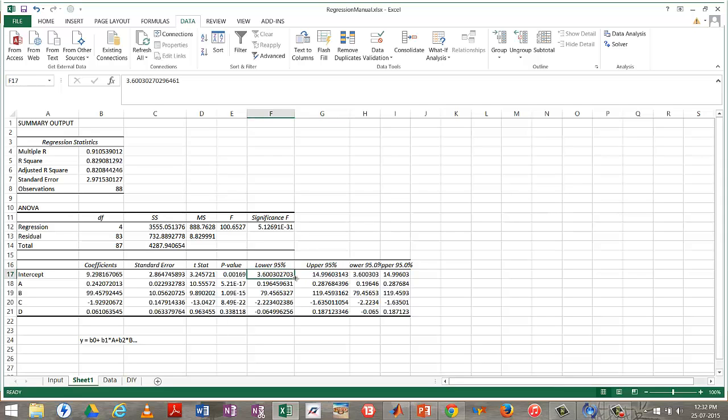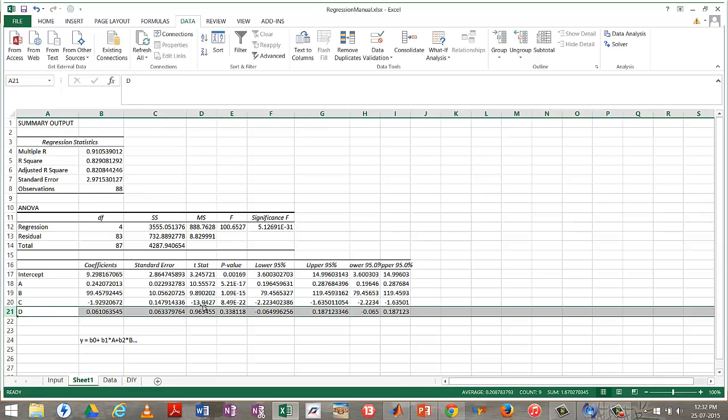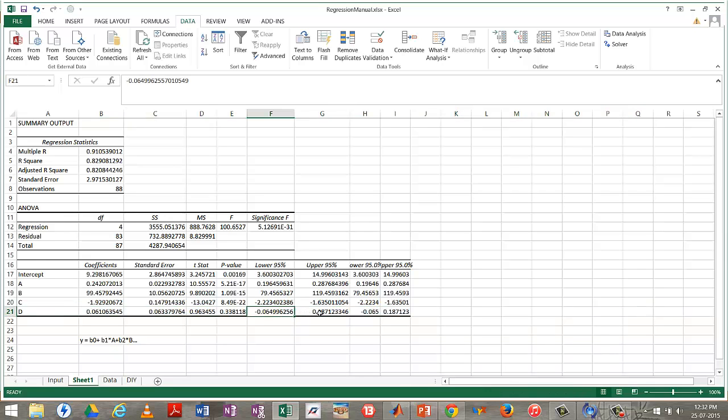So here the lower bound is 3.6 and the upper bound is 14, so it doesn't intersect 0. So whatever sign your coefficient is, your lower and upper bound is going to be on that side of 0. Obviously when a p-value is as high as something like 0.3, which means you potentially could not reject the null hypothesis, then you would have a lower bound that could be less than 0 and an upper bound greater than 0, right? And that should make sense in terms of how we understand confidence bounds and p-values.